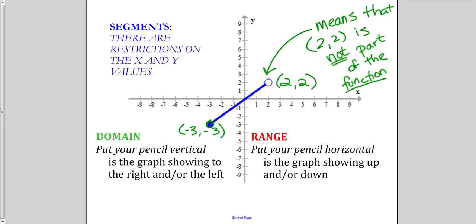I'll show you exactly what I mean with the next example. But the idea here is that we have constraints on our x values, which are just between -3 and +2. Then we have constraints on our y values, which also have to be between -3 and +2. So with a segment, it's almost like drawing a box.